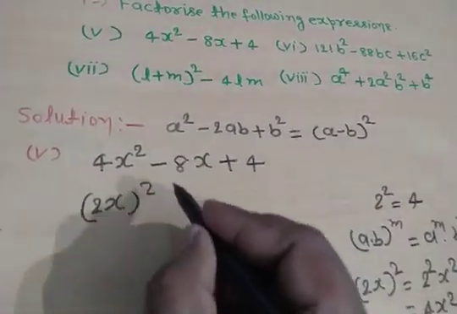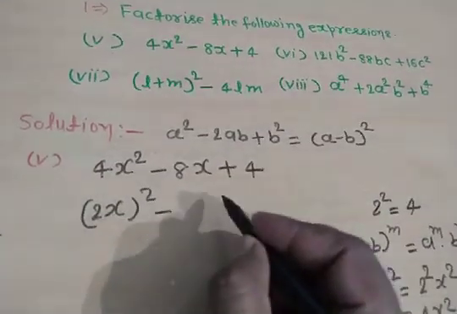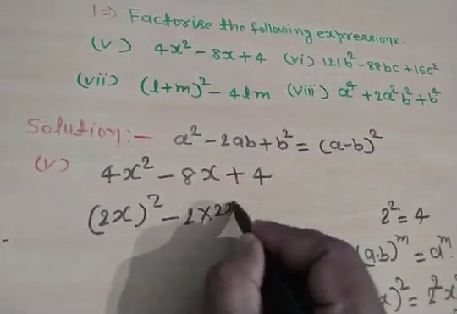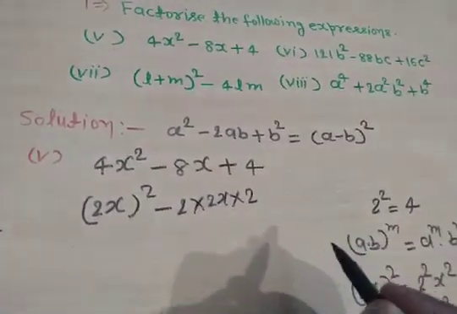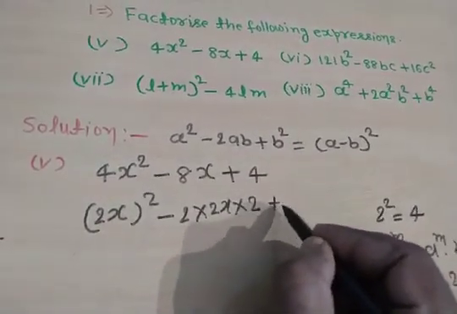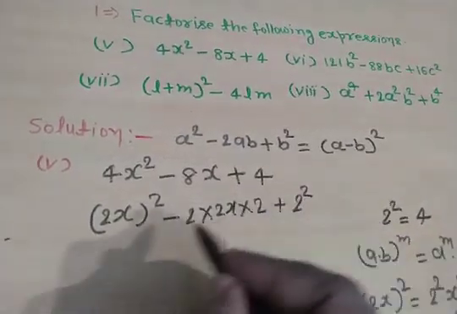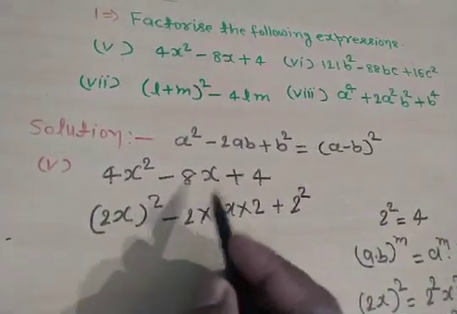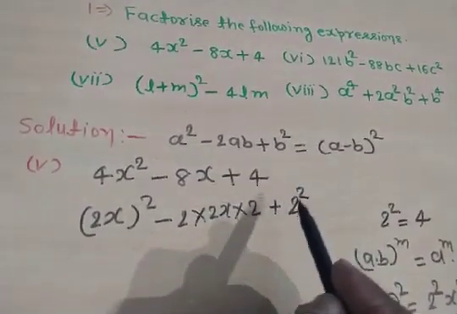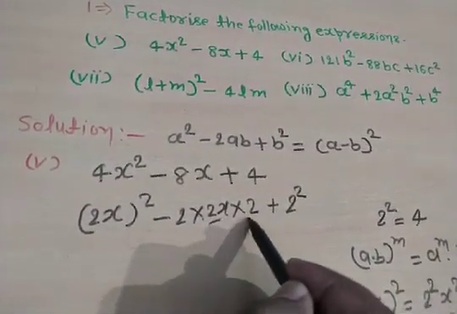And minus 8x, you can write it as 2 into 2x into 2. 2 twos are 4, 2 fours are 8, into x. Plus you can write 4 as 2 power 2. So you can see this is a form of the identity a square plus b square minus 2ab.